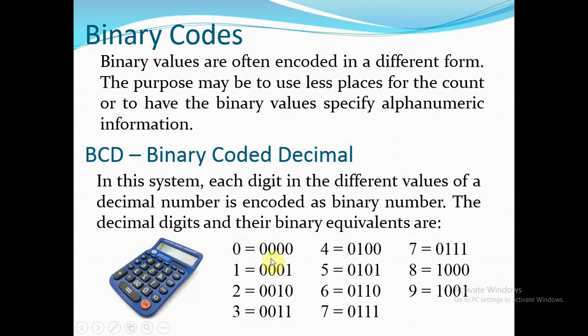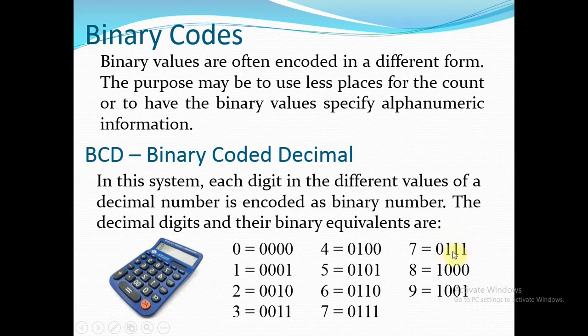So for 0, it would give 0000. If you press 1, it would give 0001. 2 is 0010. 3 is 0011, and so on and so forth. It sends a signal to the calculating chip in this format.